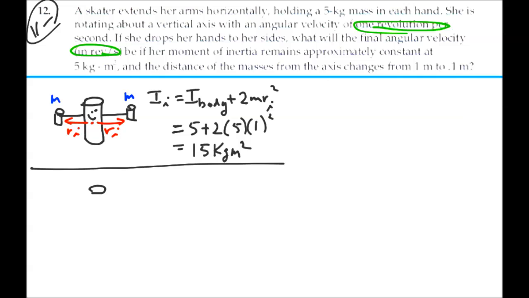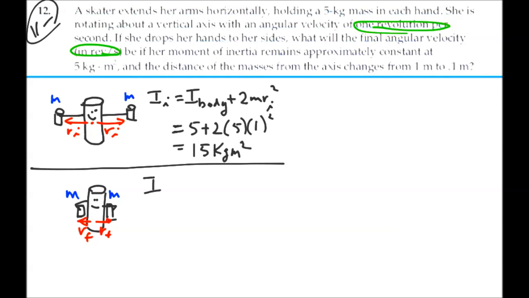In the final analysis, she's holding these closer to her body now, and the radius is going to be much smaller. So we have our r final here for the radius. Masses are still the same, but the moment of inertia is going to be a lot less.